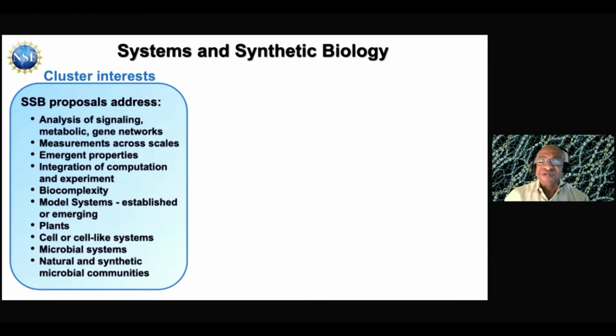Such proposals could be investigating signaling, metabolic gene networks, and involve measurements across scales and understanding emergent properties and the accompanying biocomplexity that gives rise to the emergent properties. There's usually integration of computation and experiment, and proposals using experimental computational approaches in a synergistic fashion are of high priority for our cluster.